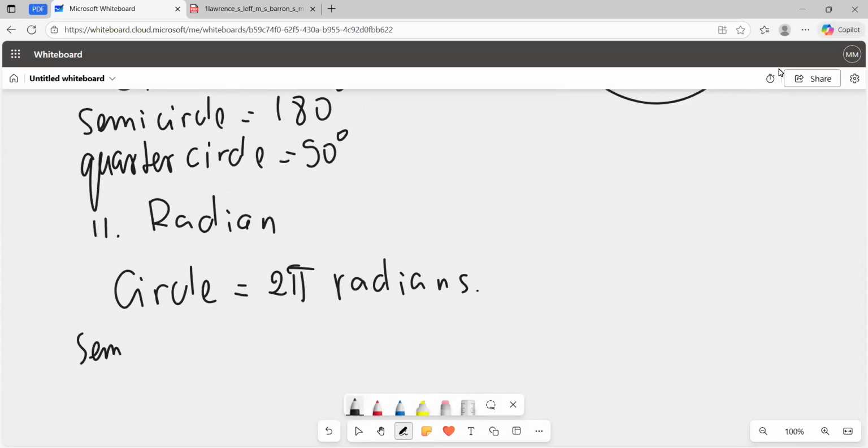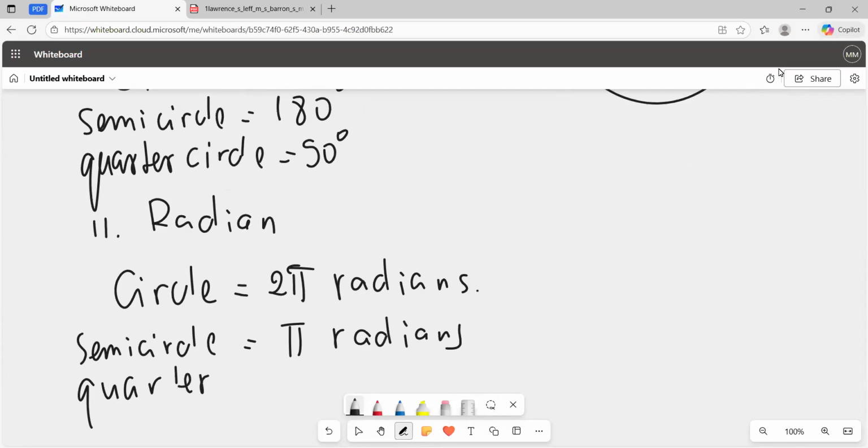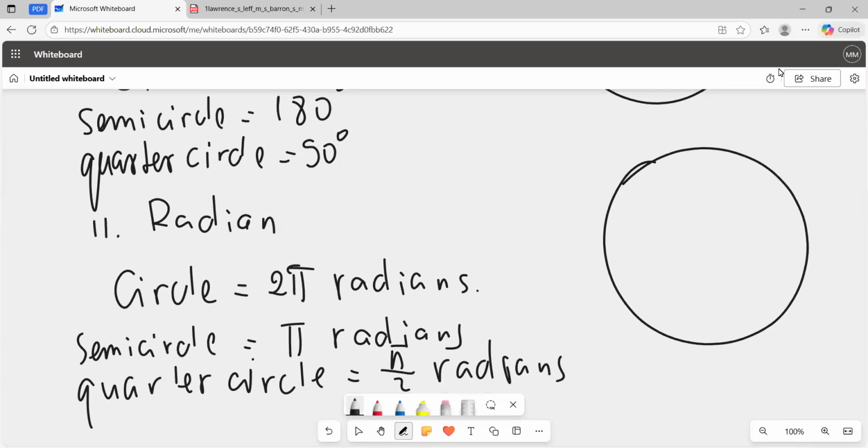And a semicircle is equal to pi radians. A quarter circle is pi divided by 2 radians. This is the quarter circle. The radian measure is pi divided by 2.